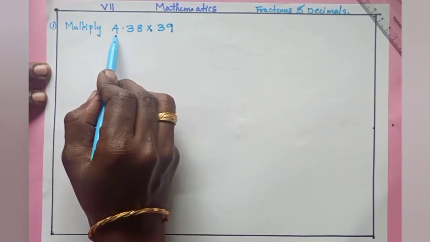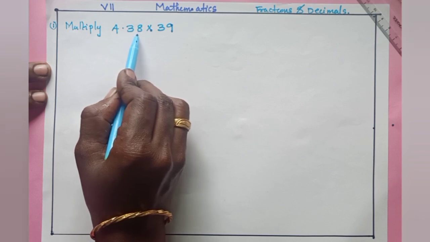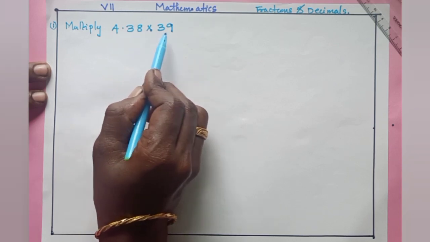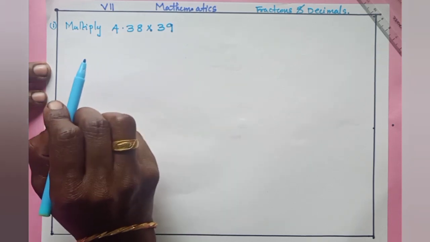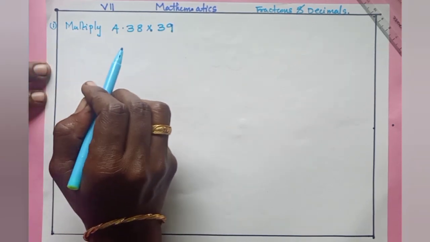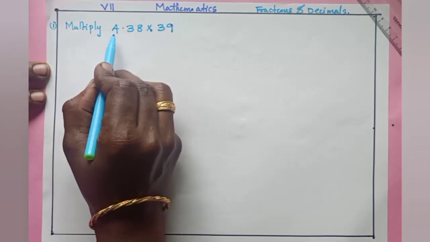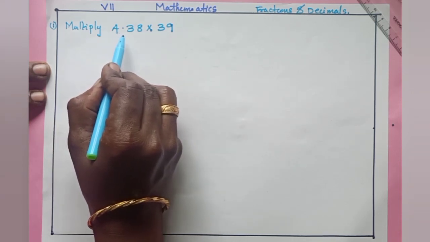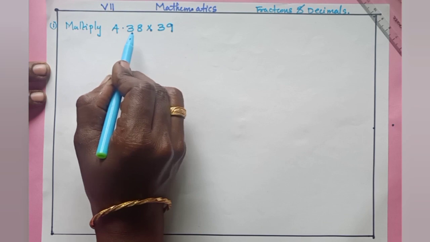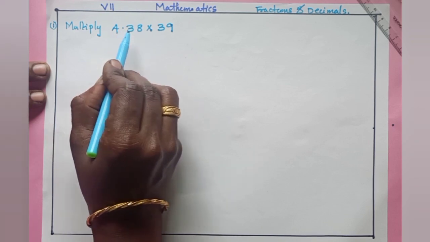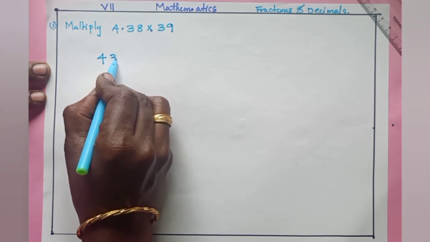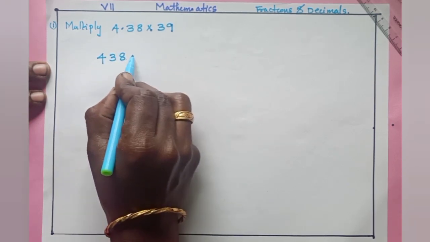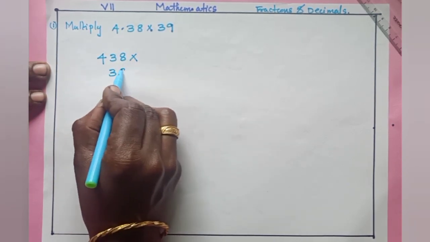Here the multiplicand is 4.38 and the multiplier is 39. So the same method as in the previous questions. Change the decimal number into a whole number. So ignoring the decimal point, we get 438 multiplied by 39.